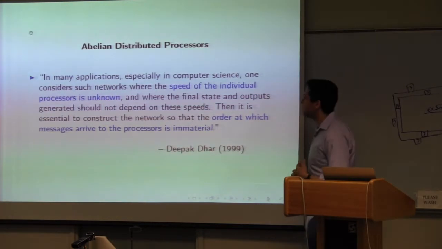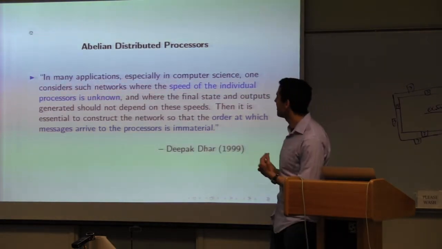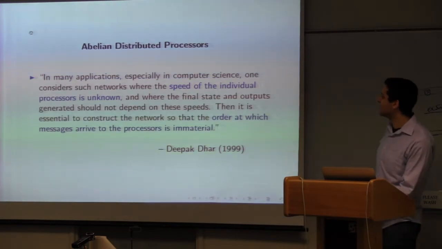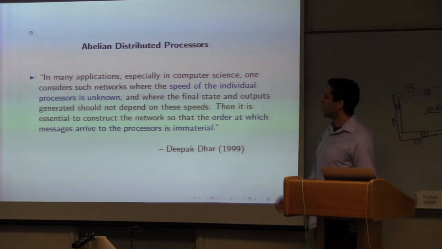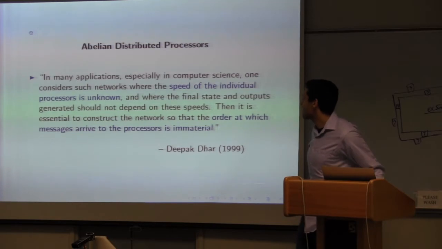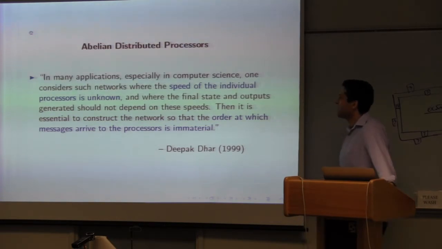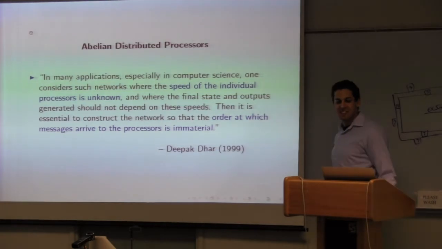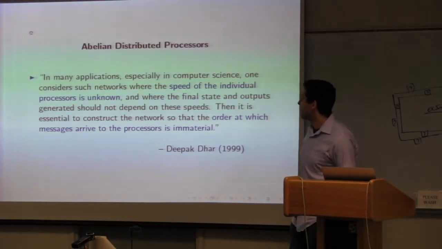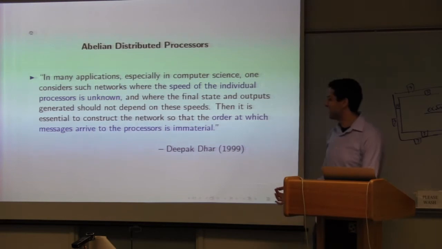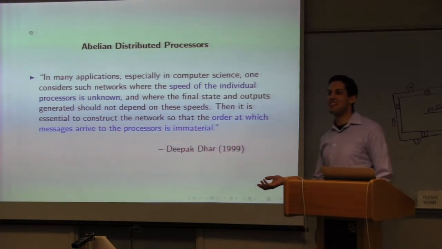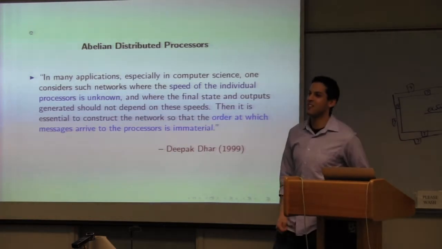He says, in many applications, especially in computer science, one considers such networks, automata networks like on the previous slide, where the speed of individual processors is unknown, and where the final state and outputs generated should not depend on these speeds. Then it is essential to construct the network so that the order at which messages arrive at the processors is immaterial. So Dhar is asking, what kind of axioms do we need to guarantee the output won't depend on the order?